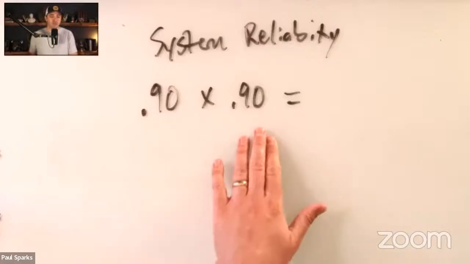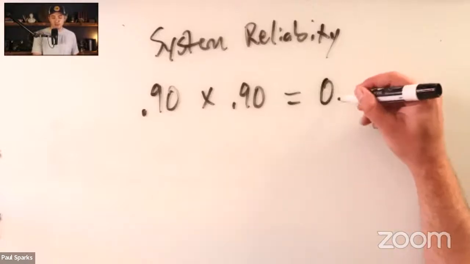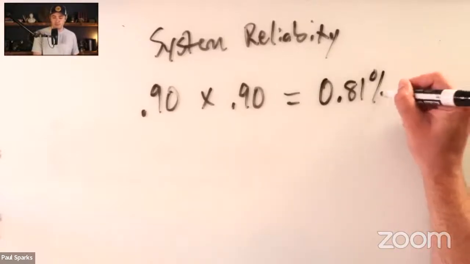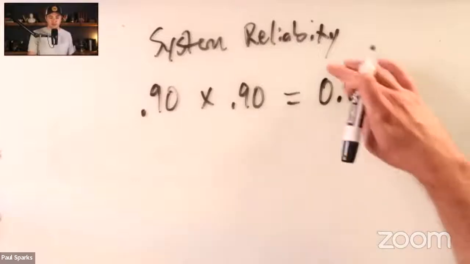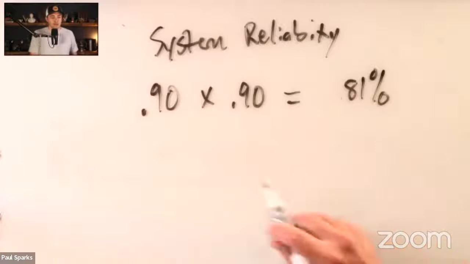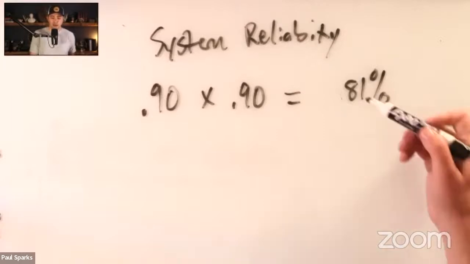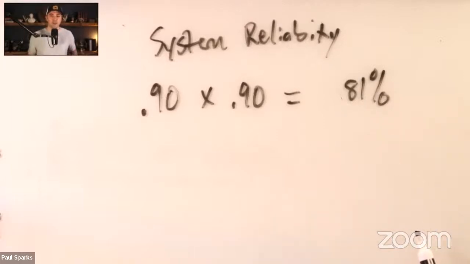So when you have two components, this one's 90% reliable, this one's 90% reliable. What's the total reliability of the system? So it's 81%, basically. So if 9 times out of 10, you make a smart investment, and 9 times out of 10, that investment makes money, only 81% of the time are you actually going to get the things that you want.